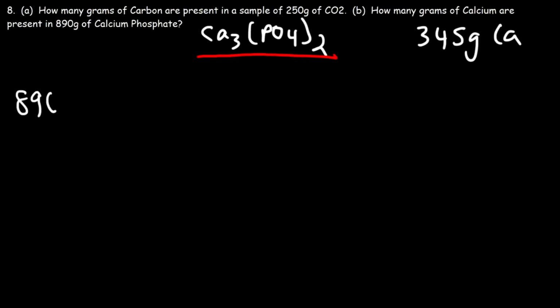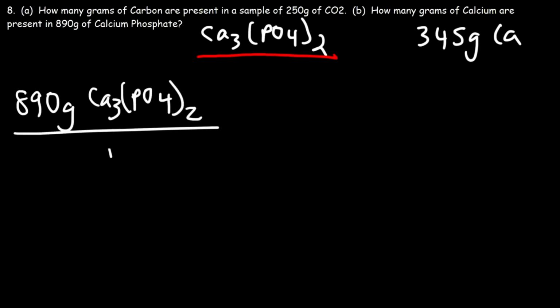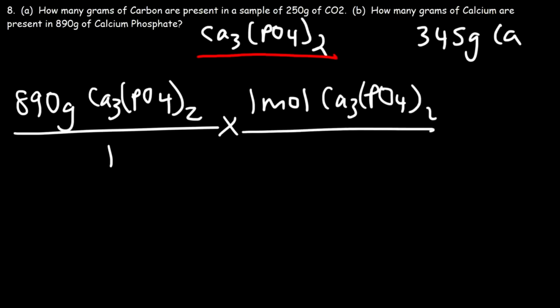So let's start with what we're given. Now, what I'm going to do is convert it to moles. So 1 mole of calcium phosphate has a mass of, we said it was 310.18 grams, I believe.